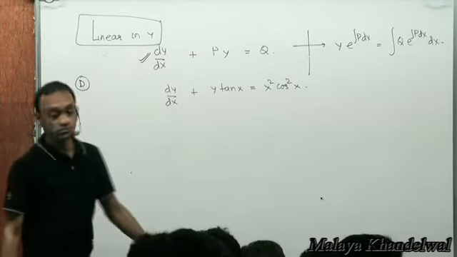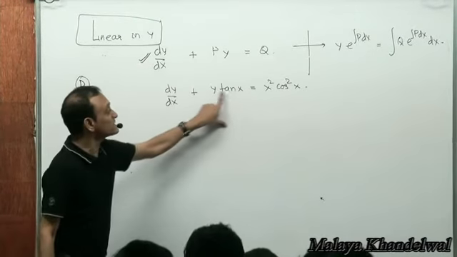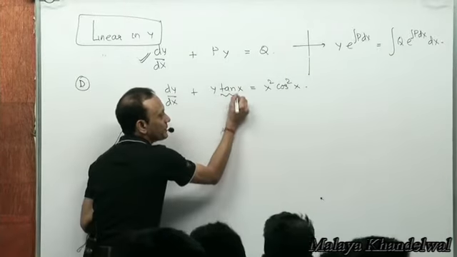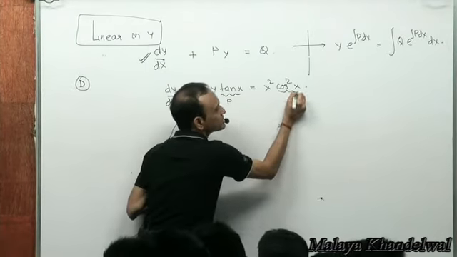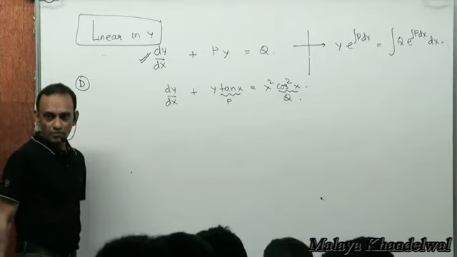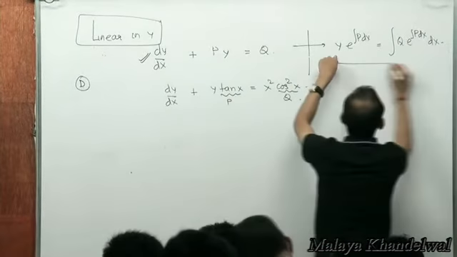Is it a linear form? dy/dx + py = q, where p is a function of x, this is my p, and q is a function of x. Yes or no? Linear form? So I can directly use this result.